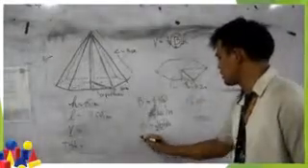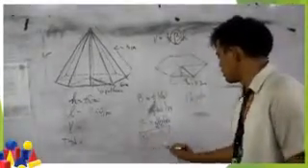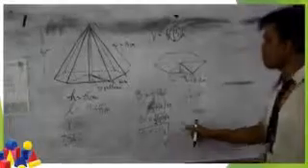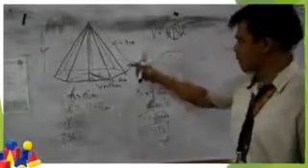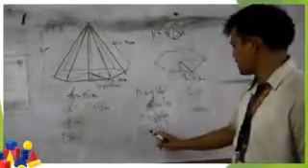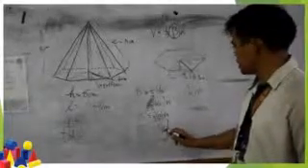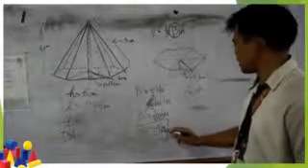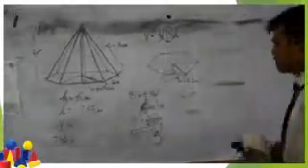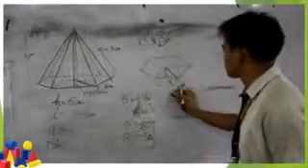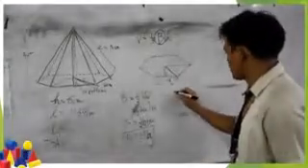So the formula for finding the base area of the pyramid is 1/2 times the perimeter times the apotem. Now let's try to solve by substituting the values.